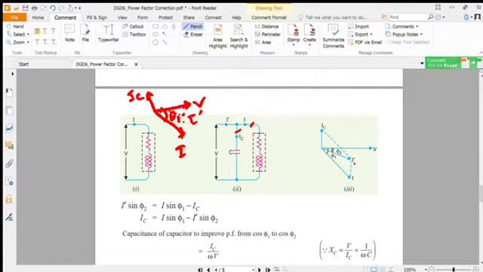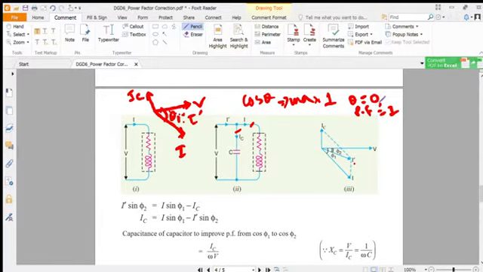There is another reason: the power factor's maximum value could be 1. When will it be maximum? When theta equals 0, then power factor equals 1.